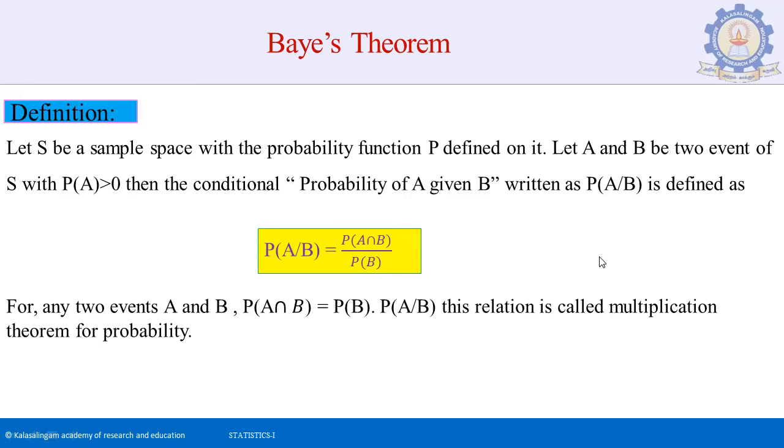Then the conditional probability of A given B is defined as P of A given B equals P of A intersection B divided by P of B. For any two events A and B, P of A intersection B equals P of B into P of A given B. This relation is called the multiplication theorem of probability.